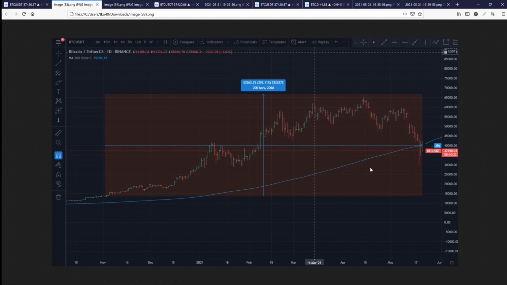The 200-day SMA is a calculation of all the closes of the past 200 bars. So right now, the 200-day SMA is plotting right here, and it's averaging all of this bullish price action.